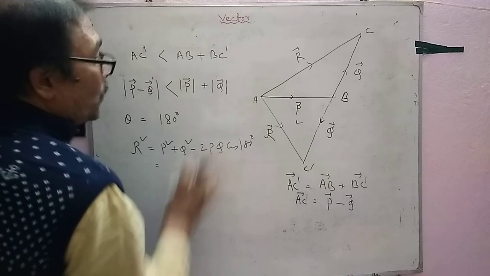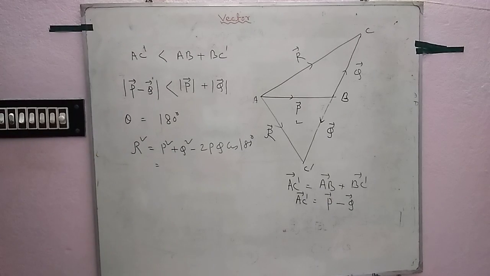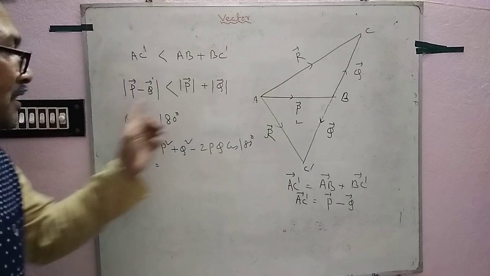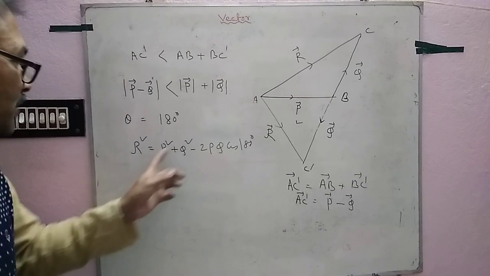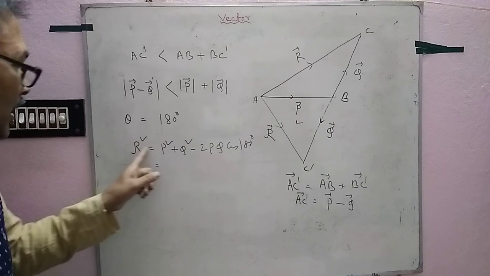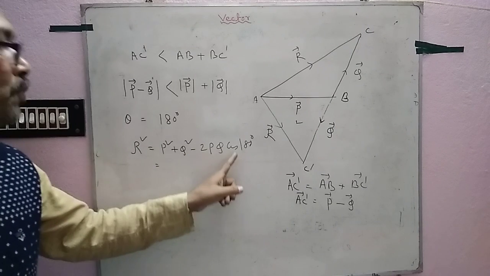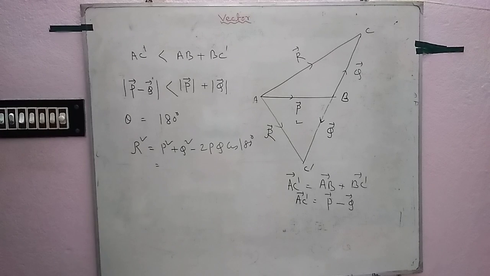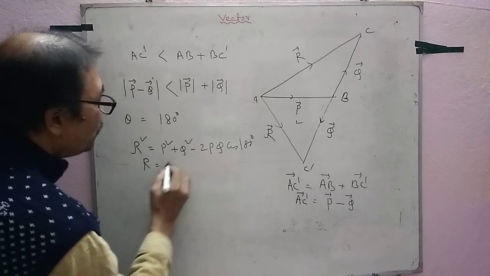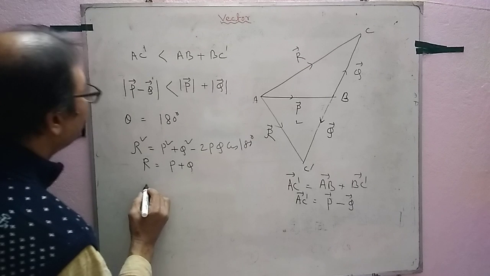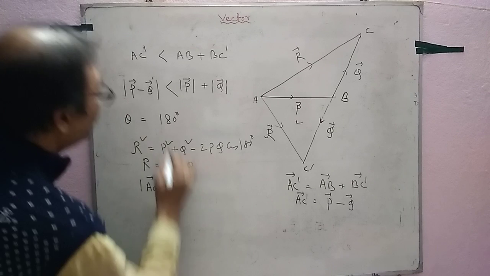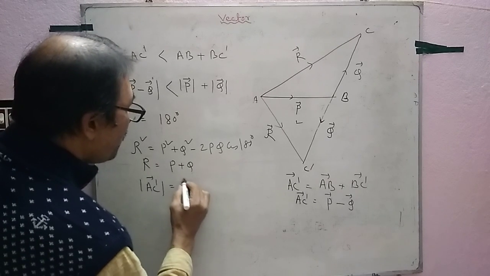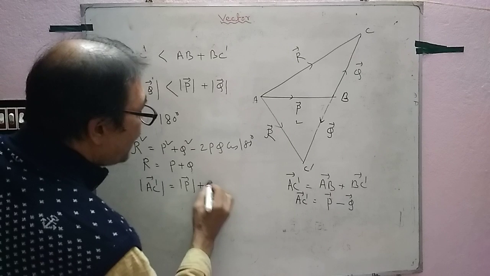When theta is equal to 180 degree, we know that for the subtraction of two vectors, when the angle between the two vectors is theta, the magnitude of the subtraction r square is equal to p square plus q square minus 2pq cos theta, cos 180 degree. So r equal to p plus q, that is r means AC dash equal to P vector plus Q vector.